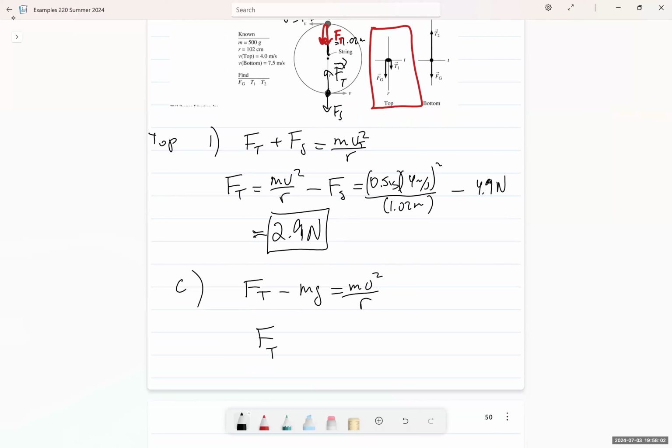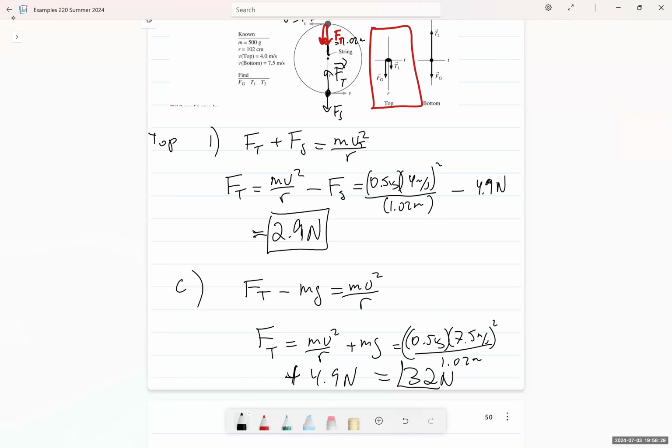That means the tension force is equal to mv squared over r plus mg. Again, 0.5 kilograms times 7.5 meters per second squared over 1.02 meters, plus 4.9 newtons. What we get here is 32 newtons, much, much higher tension force than at the top.